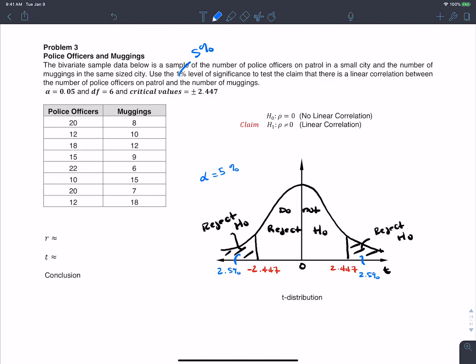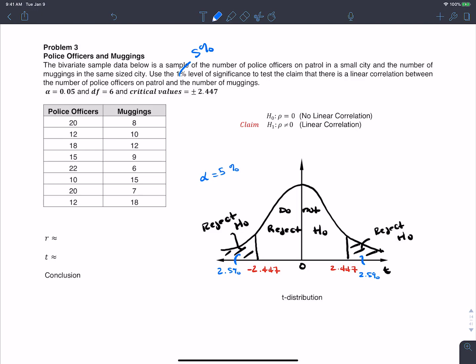Okay, 5% level of significance, you might say, is what your book uses now in this section. It transitioned. Other books use 1, 5, 10%. In the past you used 1, 5, 10%. Anyway, test the claim that there is a linear correlation between the number of police officers on patrol and the number of muggings.